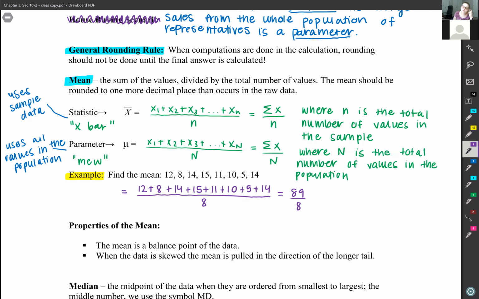And then remember when we first introduced this, we said that when giving the mean, it should always be one more decimal place than the raw data. So our data doesn't have any decimal places, they're just whole numbers. So that means that our mean should have one decimal place. So 89 divided by 8 is equal to 11.125. So our answer should just have one decimal place, so it's just equal to 11.1.